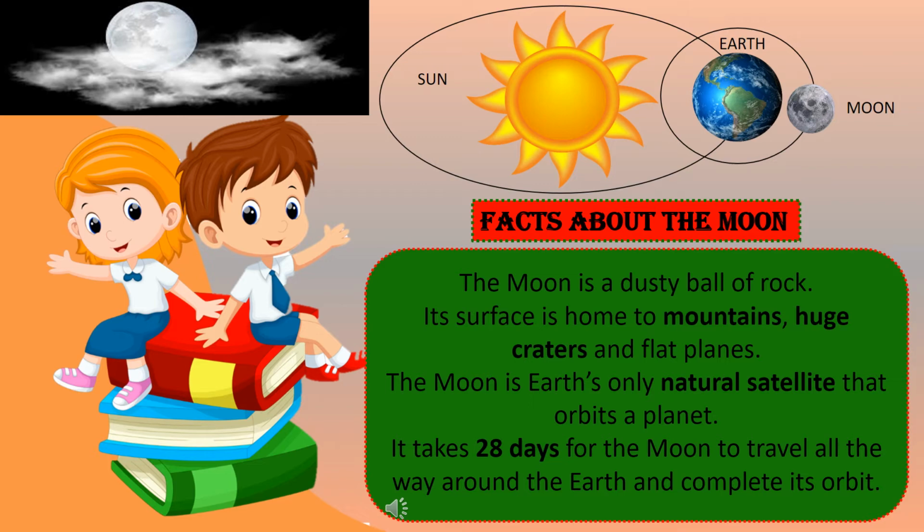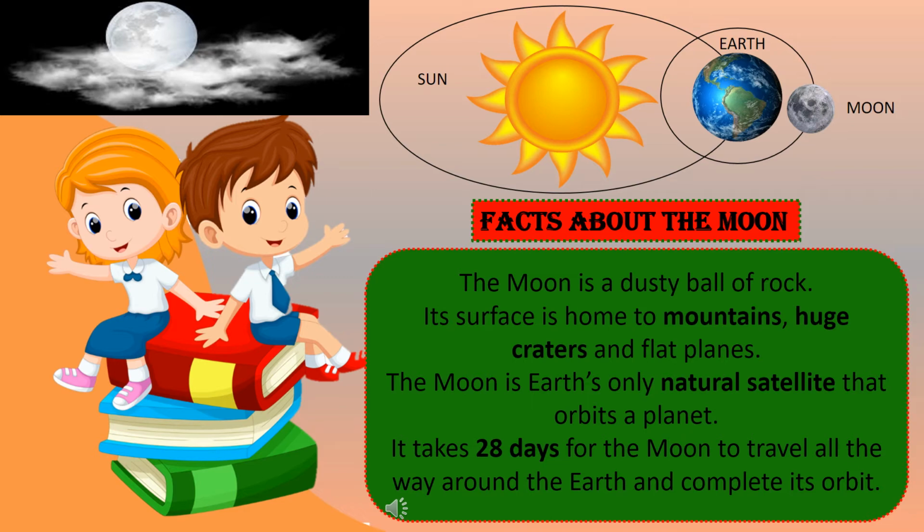And so, children, you can see different phases or different shapes of the moon during these 28 days. Okay, because like earth, the moon also has no heat and light, so it just reflects the sun's light. Moon has no heat and light, earth has no heat and light.